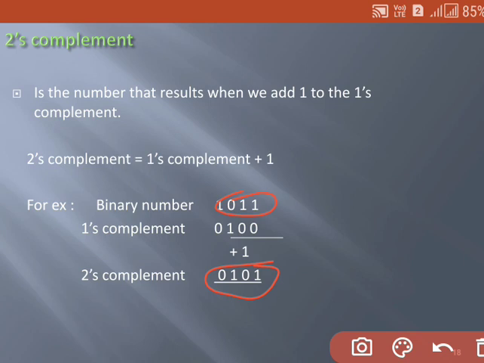I repeat once again. 2's complement can be found by adding 1 to the 1's complement of the binary number. Given a binary number, first you need to find its 1's complement, and after finding its 1's complement, add 1 to it, so that the result will give you the 2's complement number of the given binary number. So this is the procedure of finding the 2's complement of a given number.